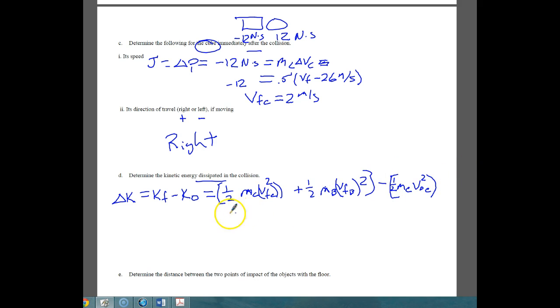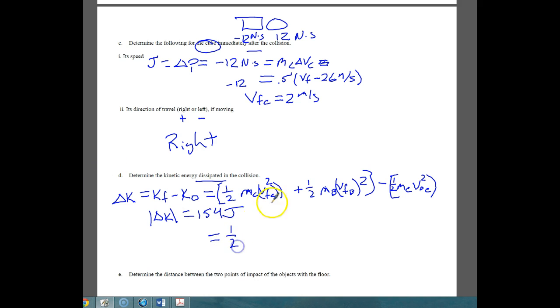If you go through and do this, you're going to find that the absolute value of the change in the kinetic energy should be equal to 154 joules. And that should be pretty easy when you actually run through it. If you need to see all of the numbers in there, let's go ahead and do that.